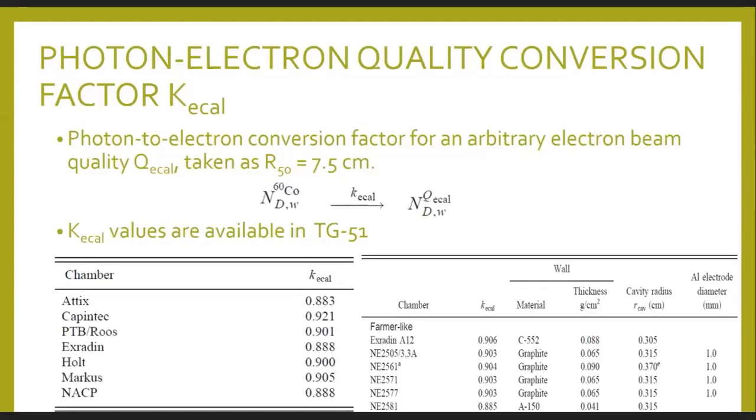And it's not dependent on the user beam quality, since it only relies on an arbitrary electron beam quality, QE cal. Okay. So this is basically the factor that accounts for correcting beam quality from photon to electron.